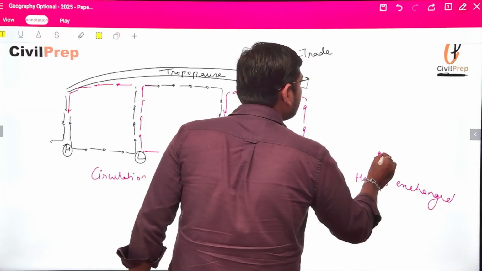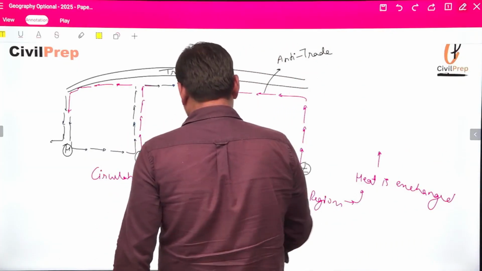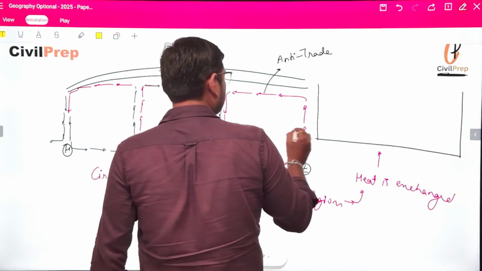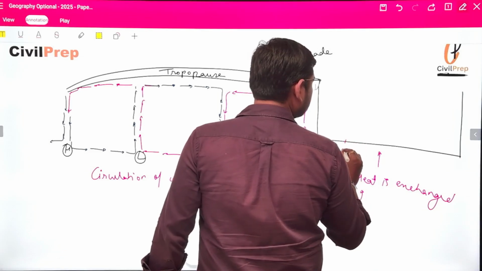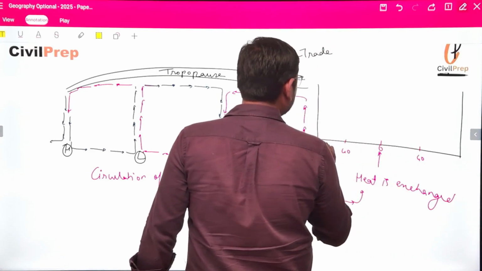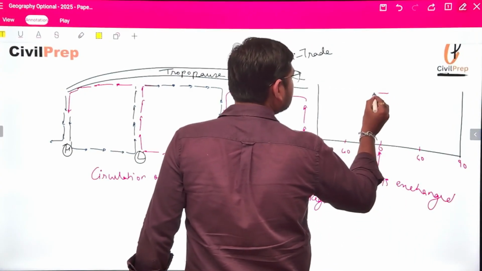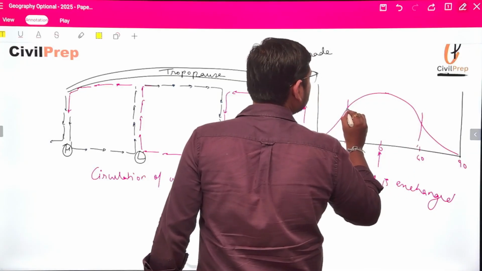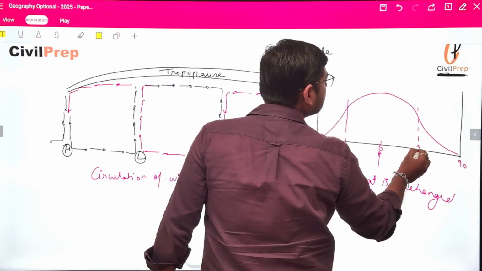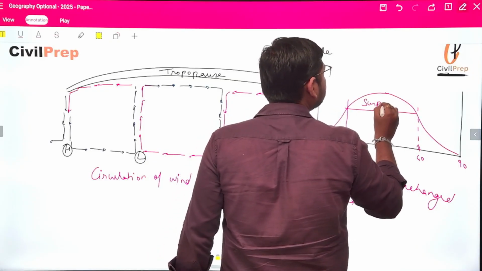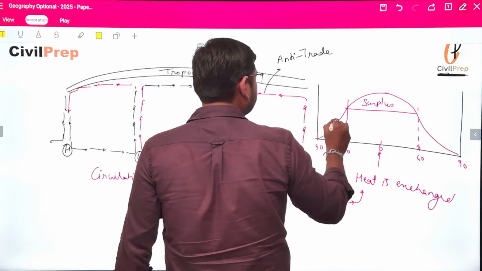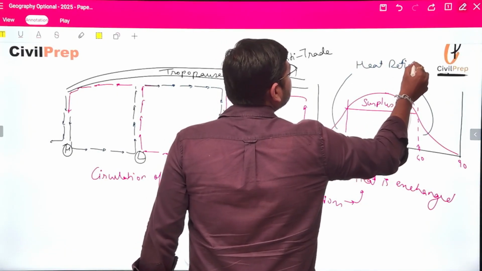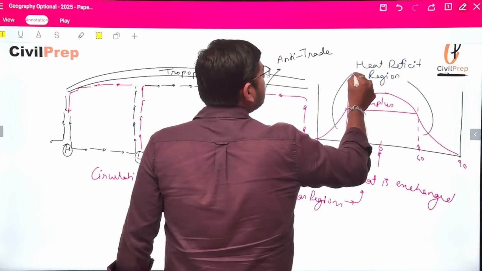The heat is exchanged here. This is the heat surplus region and this is the heat deficit region.